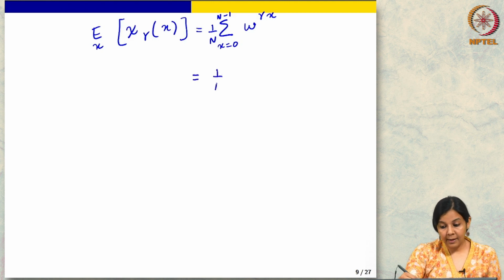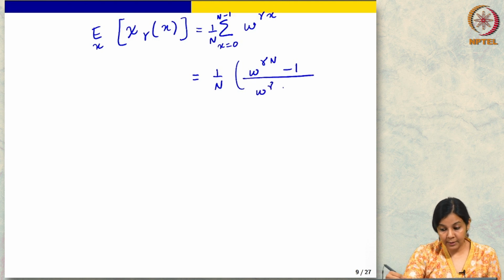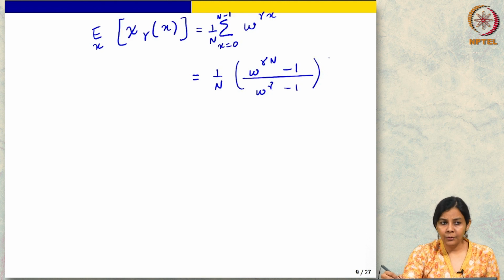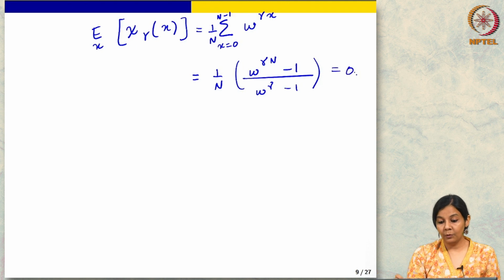This, as you know, works out to omega to the gamma n minus 1, divided by omega to the gamma minus 1. Everybody would have seen this before, right. This is just what the summation turns out to be. It is very easy to prove, and since omega to the n is 1, this is equal to 0.